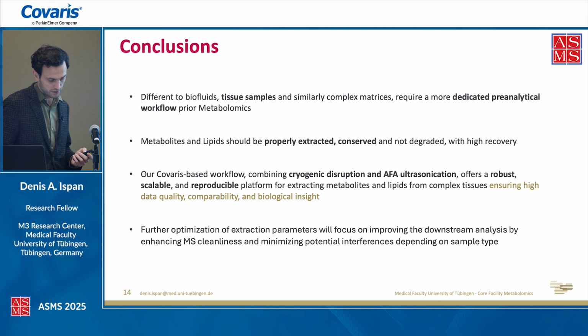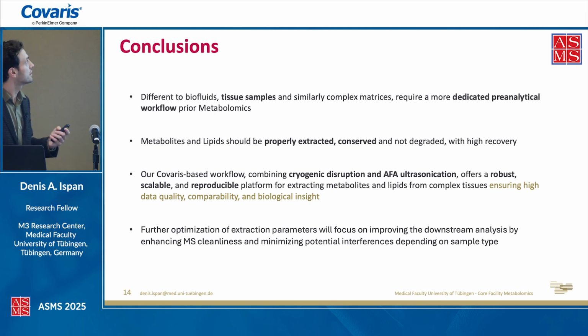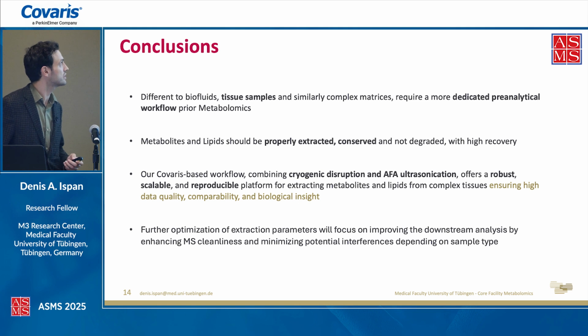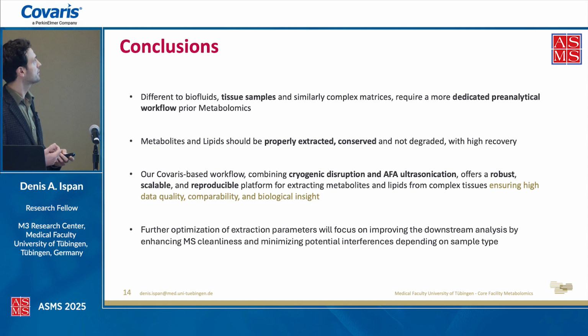So a few thoughts on our conclusions. Different biofluids, tissue samples, and similarly complex matrices require a more dedicated pre-analytical workflow prior to metabolomics. Metabolites and lipids should be properly extracted, conserved, not degraded, with high recovery.